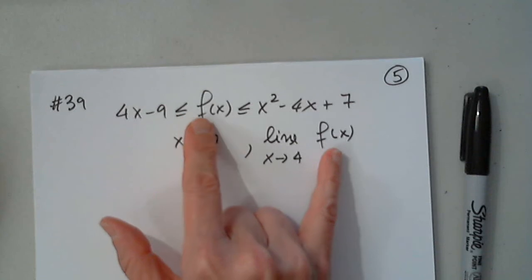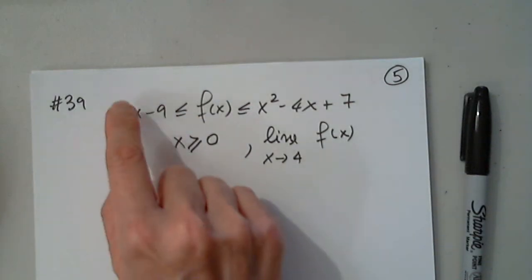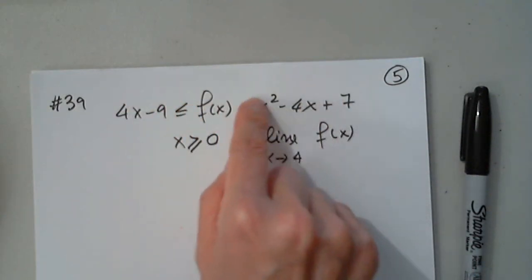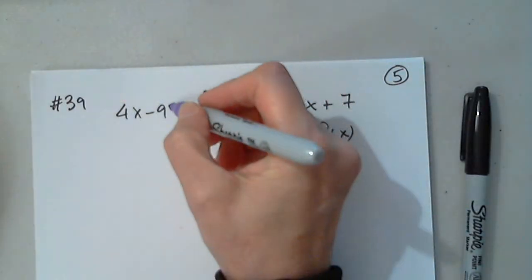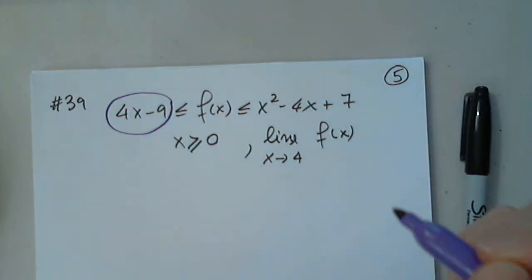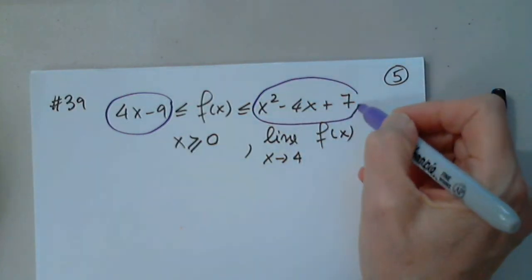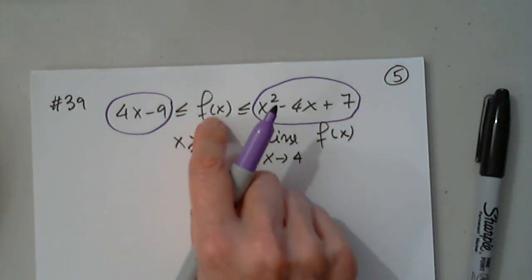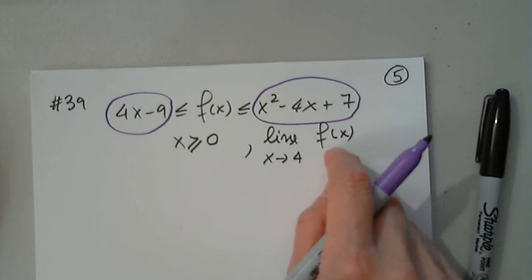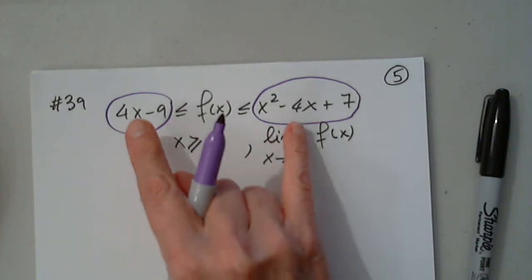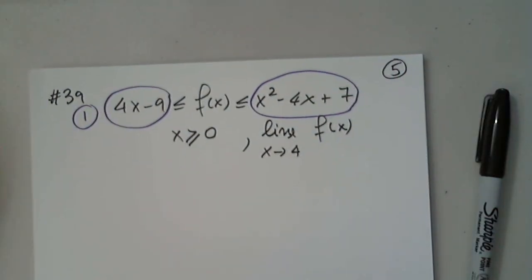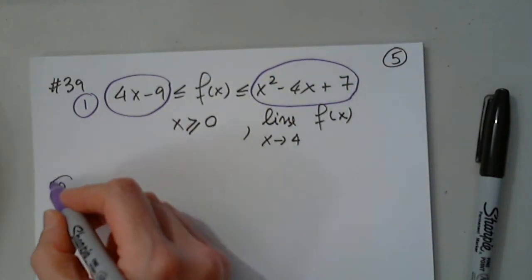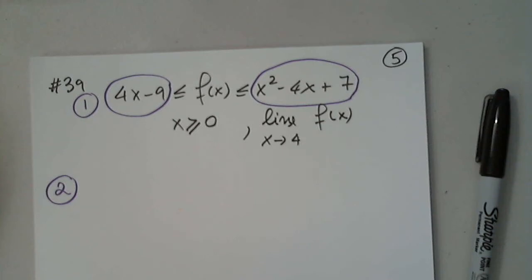But here I'm not even given the function. But I am already given the first hypothesis of the Squeeze theorem. They're already telling me that this is the bottom function and this is the upper function. So the function that I don't even have is already squeezed between two functions. So this is already the first hypothesis of the Squeeze theorem.